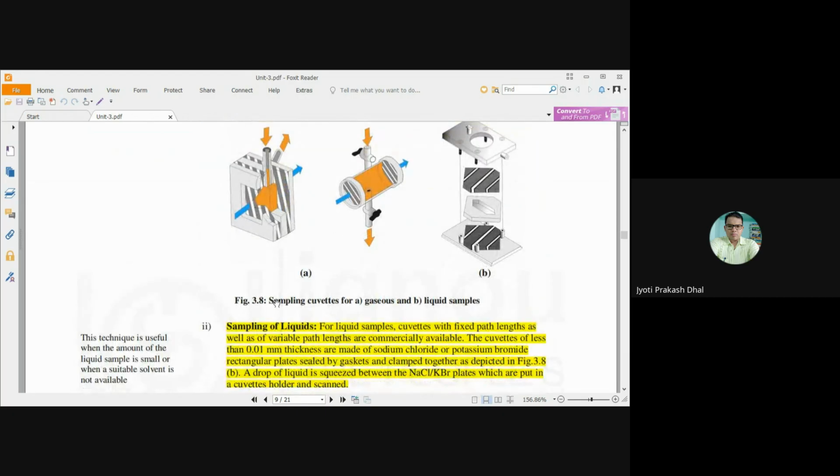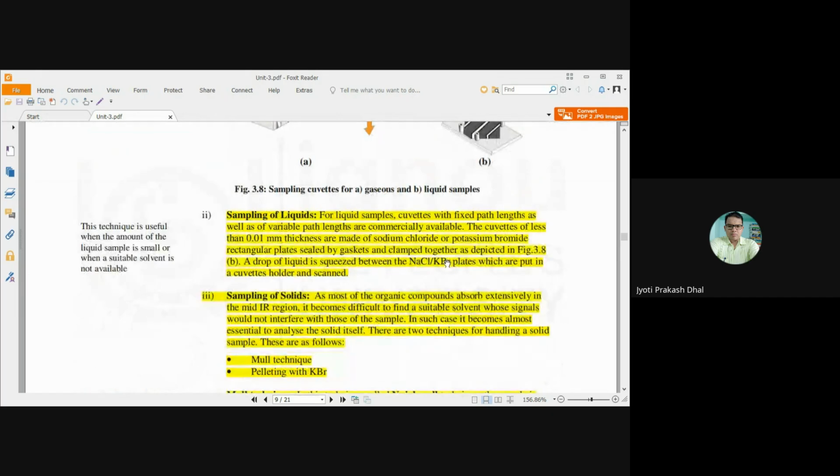Figure A is the sampling device for gaseous substances, and figure B represents the sampling device for liquid substances.